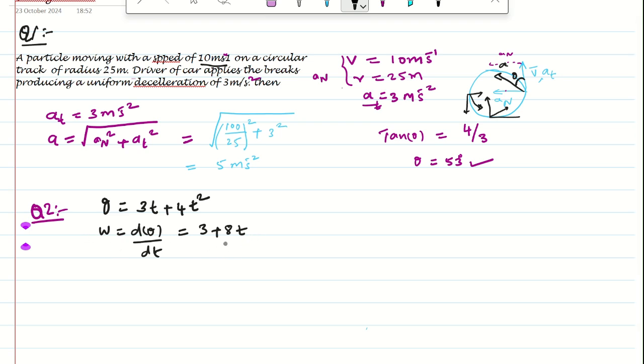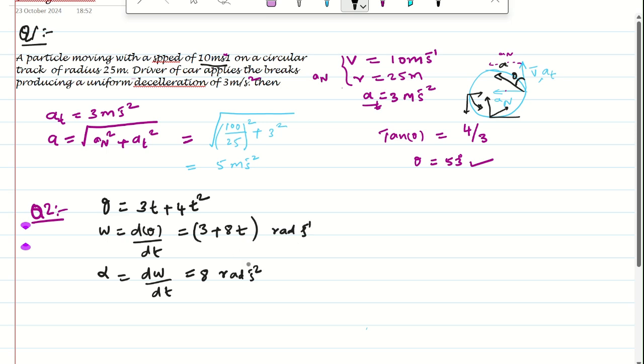Here angular velocity is not constant. Time changing means angular velocity also changes. Now angular acceleration alpha is equal to d omega by dt, which is equal to 8 radian per second squared. You people are very clear about alpha equal to d omega by dt and how to do the derivative. Omega is 3 plus 8t, 3 is constant, and the derivative is basic mathematics, you know all these things.